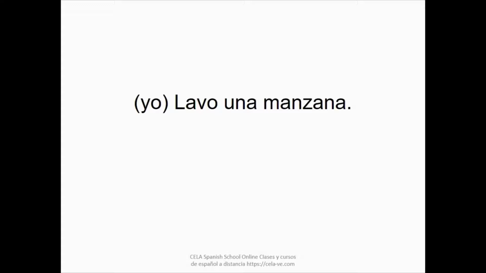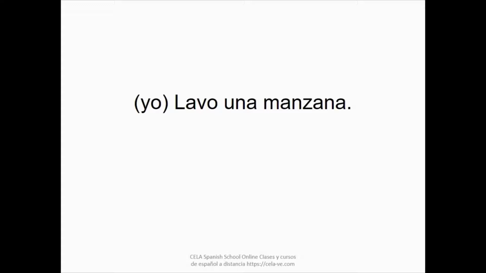Since the verb is in the present tense and ends in o, the subject is yo. That is why in Spanish we do not usually use the personal pronoun again when it is a verb form that corresponds to a single pronoun. As in the case of lavo, the only option is yo.